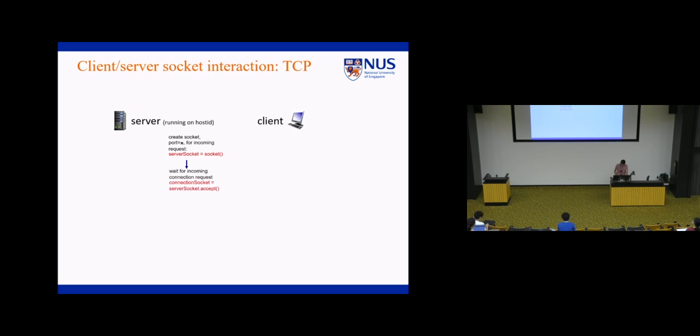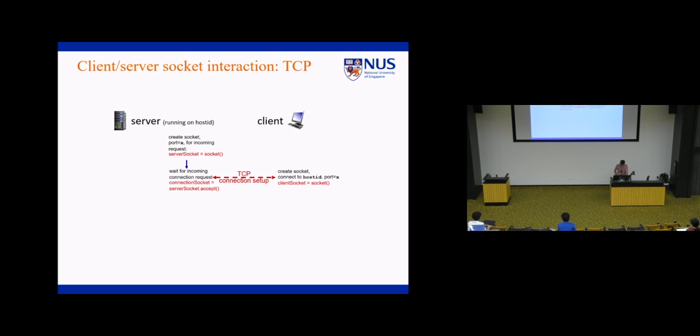As the server waits for incoming connection requests at the welcoming socket, the client also creates a socket and indicates the host address and the port number. And once this connection socket is established, we say that TCP connection setup is done.